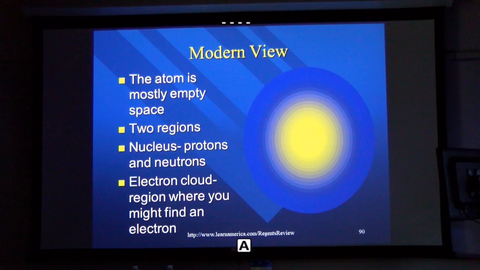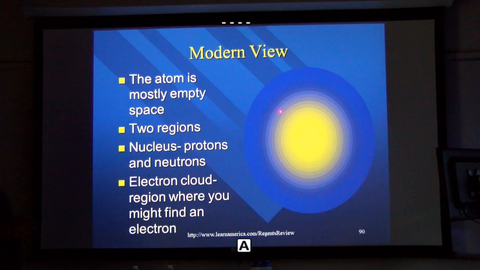What does the modern atom look like? Well, we know that concept of empty space that Rutherford told us is still true. There's a lot of volume here that these electrons travel. But what they did not know is electrons travel in regions of space.